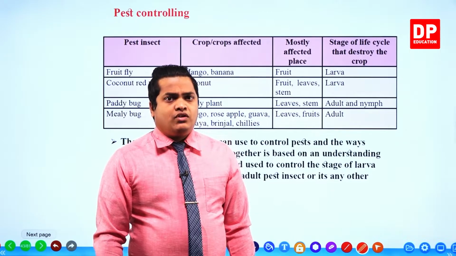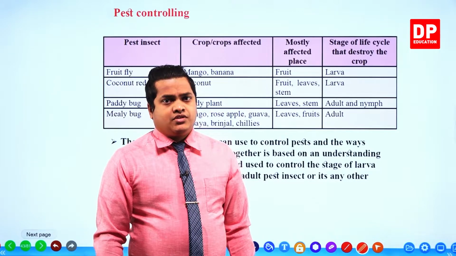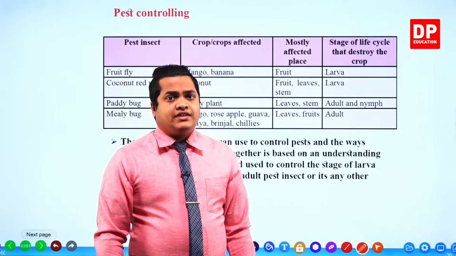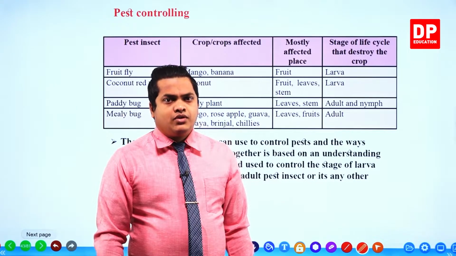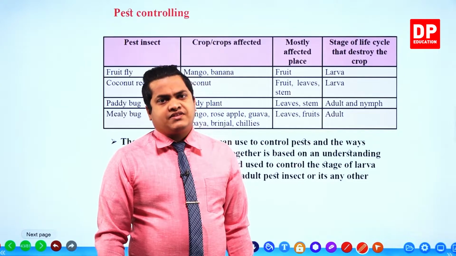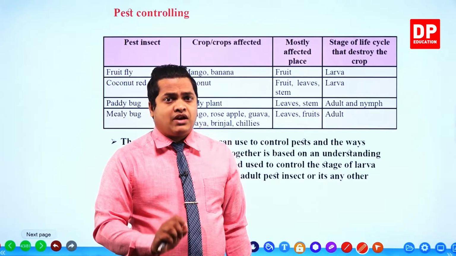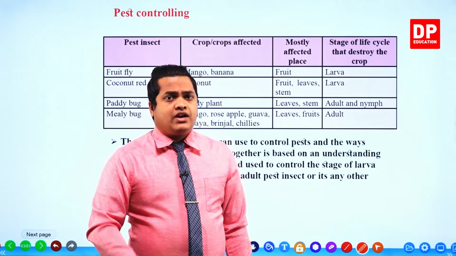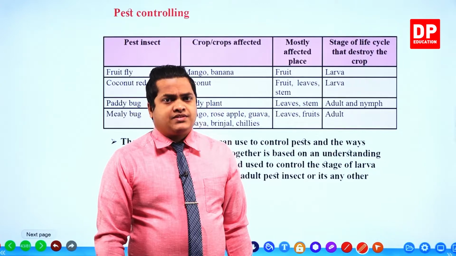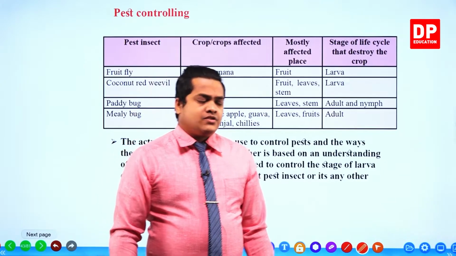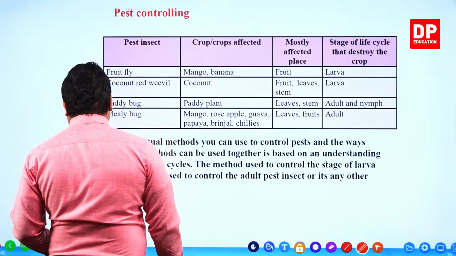First we need to identify the most vulnerable stage, and for that we need a good knowledge of their life cycles. That's the importance of learning about life cycles when we control pests. Okay, so let's move on with the next slide.